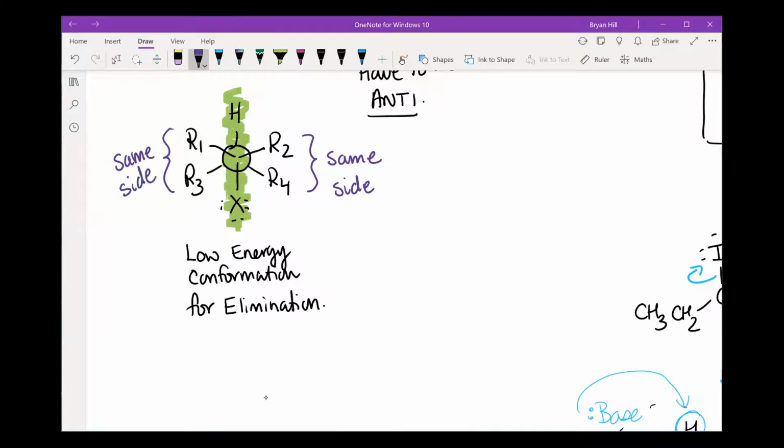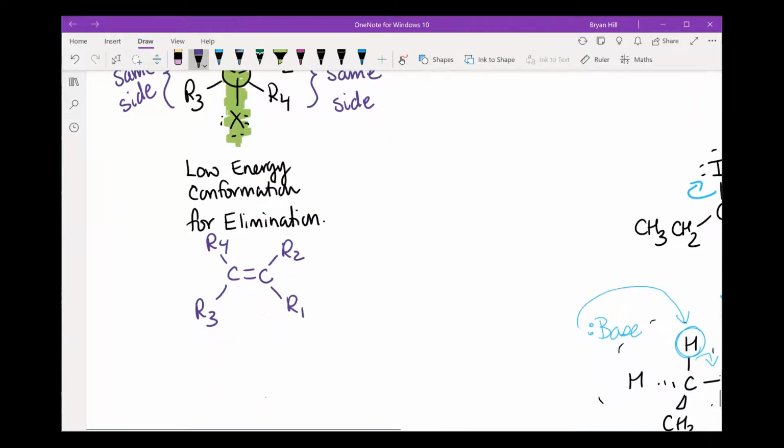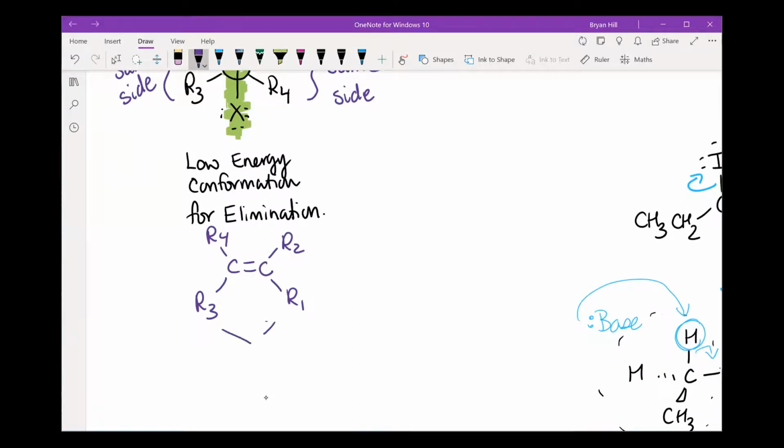So when we make our double bond, when this gets eliminated, R2 and R4 will be cis to one another, and then R1 and R3 will be on the same side.